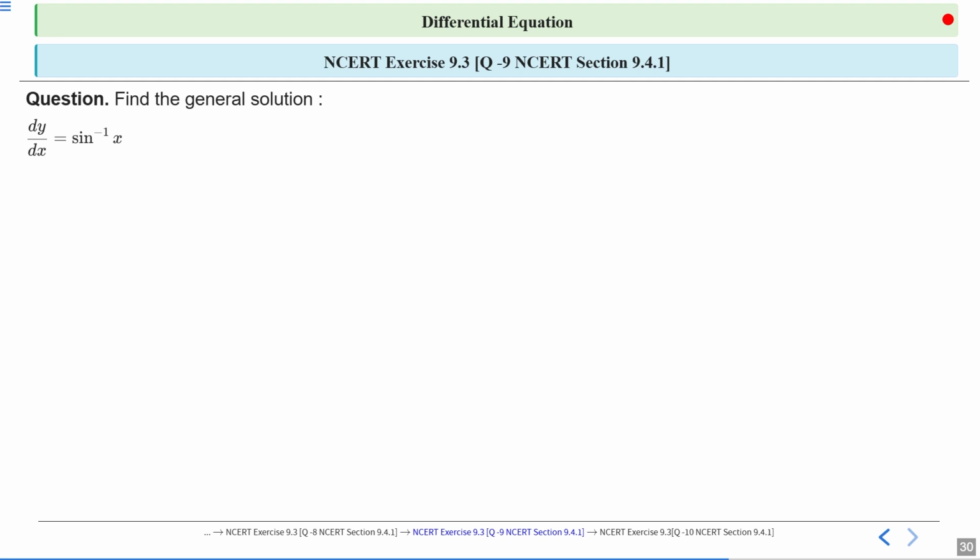In this question, dy by dx is equal to sine inverse x. So the first task is to separate the variables and then integrate to find the general solution. I will give you some time, solve this.